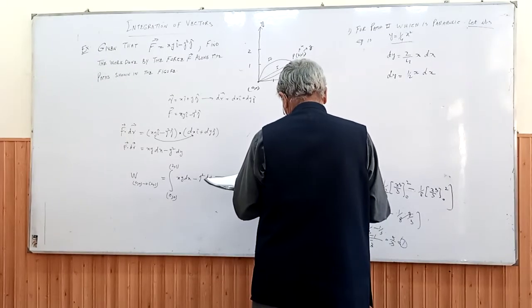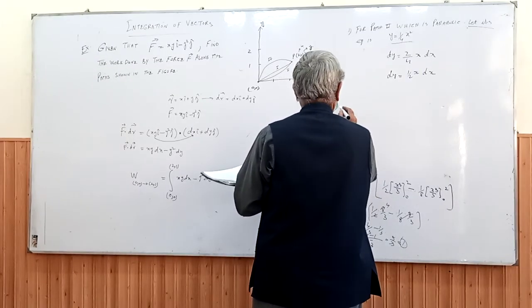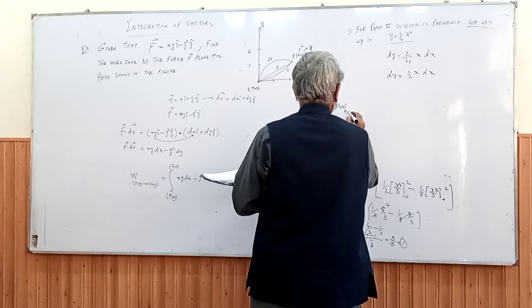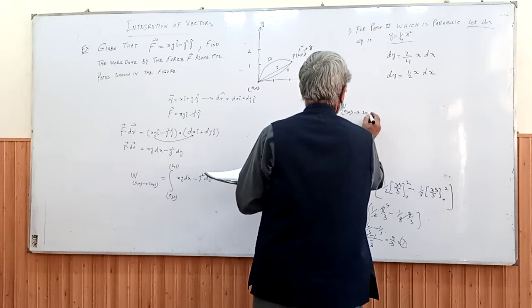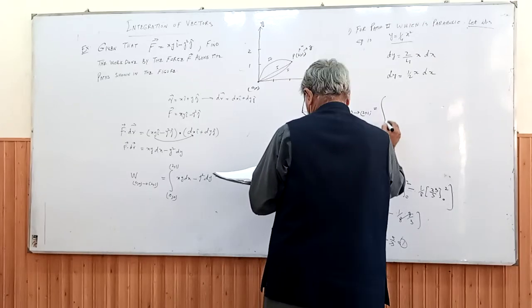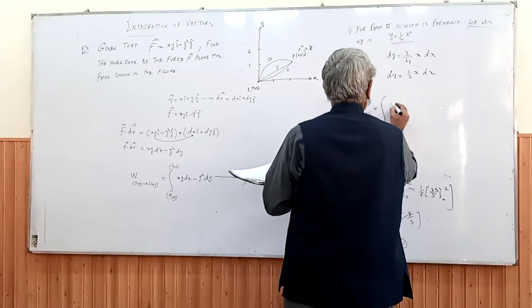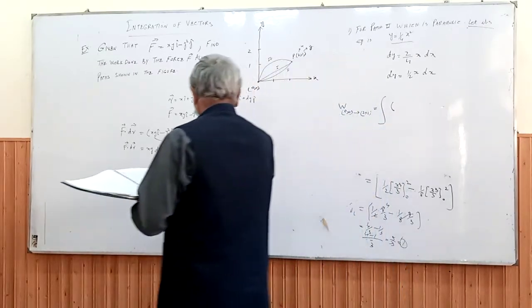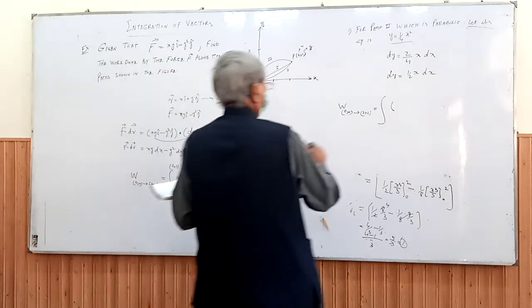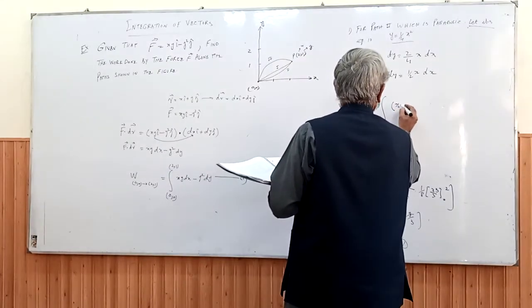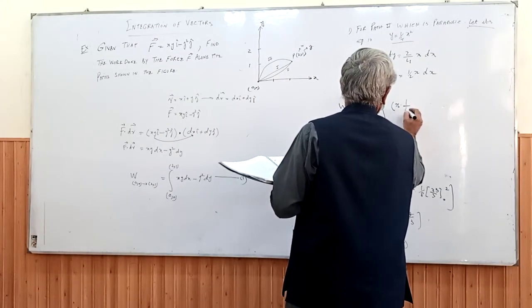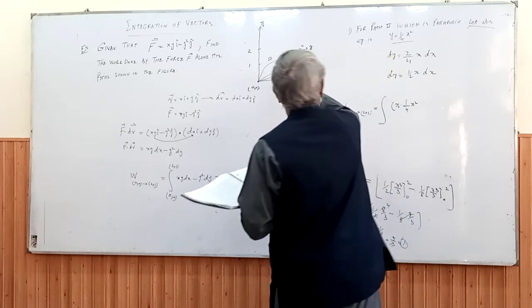W is equal to the integral. Again, for x I am writing x, for y I am writing 1 over 4 x square. This is for part 2.